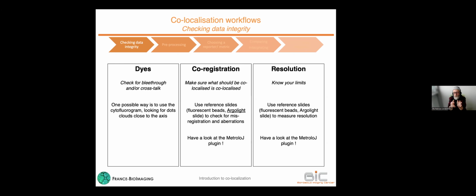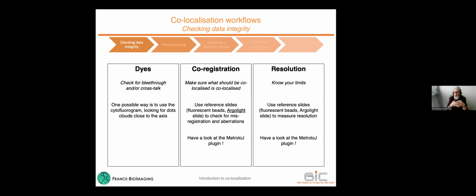And if this is reproducible, maybe you will be able to correct for it, and we will see it later in the pre-processing. But you must make sure that you've got co-registration or that you have a way to go back to co-registration.